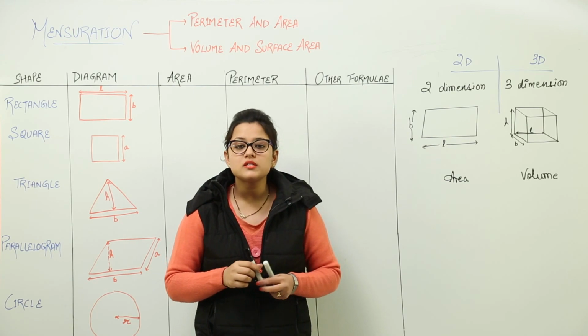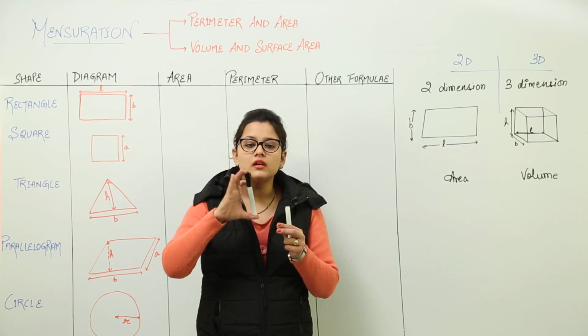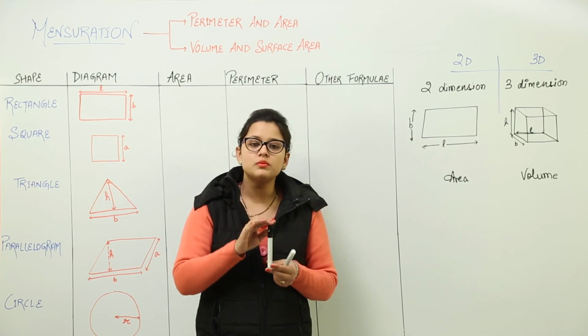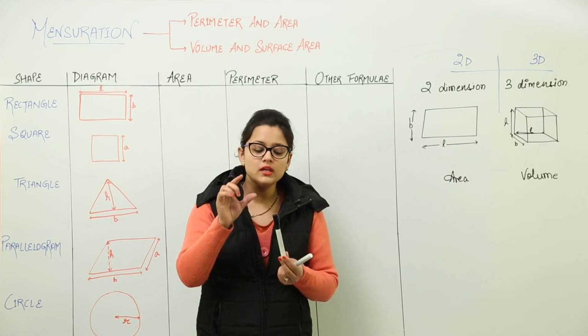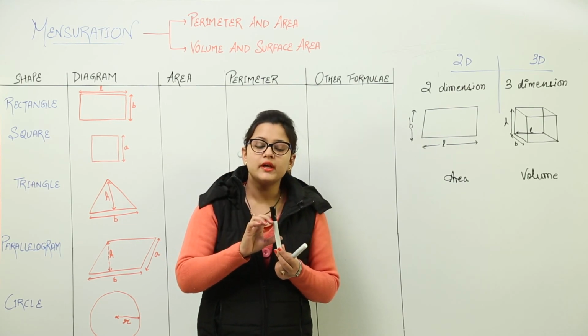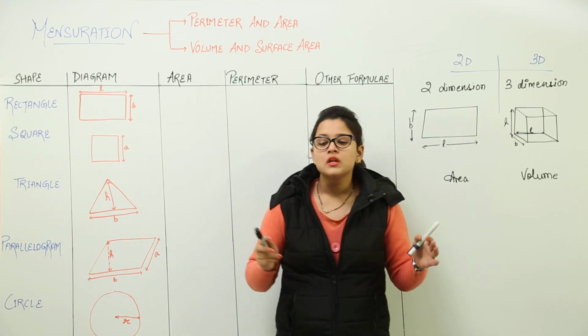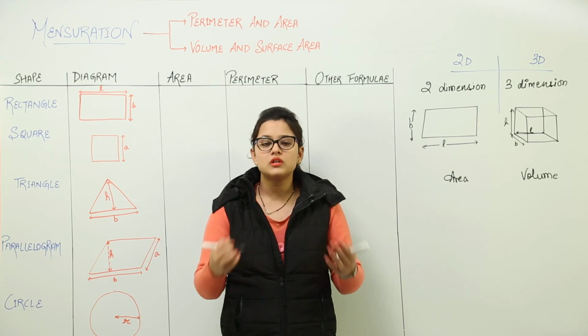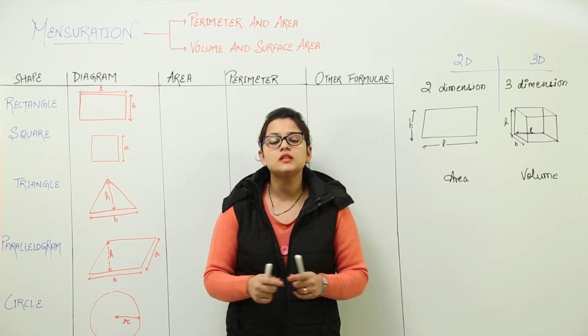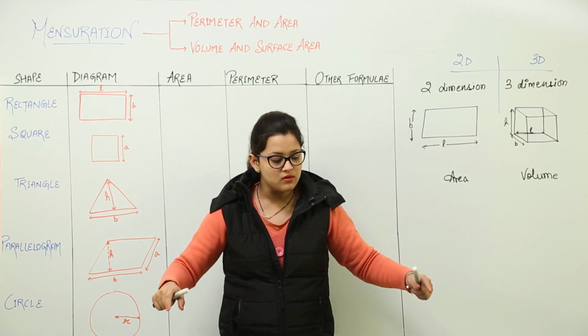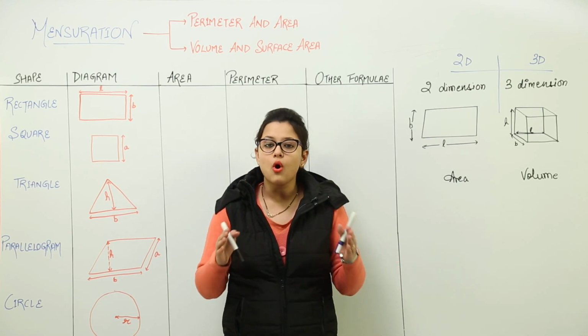But if I ask you how much ink or how much refill it needs, that quantity it can occupy, right? That is known as the volume. Now see, again I am explaining. For example, you want to construct your home, you would be considering the area, how much area your house is going to occupy.